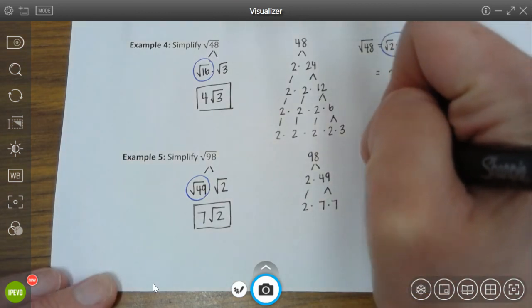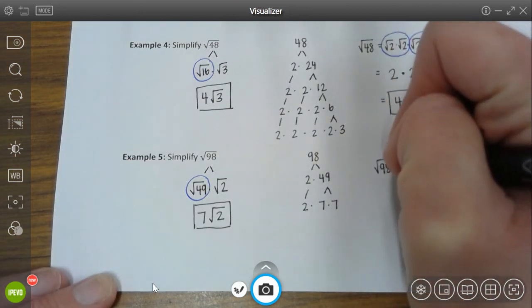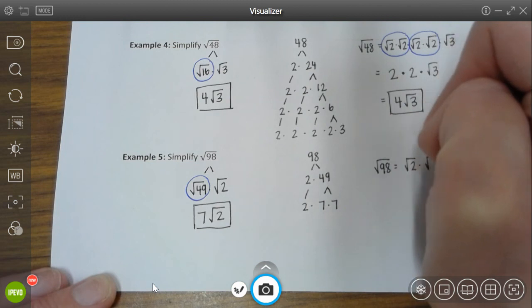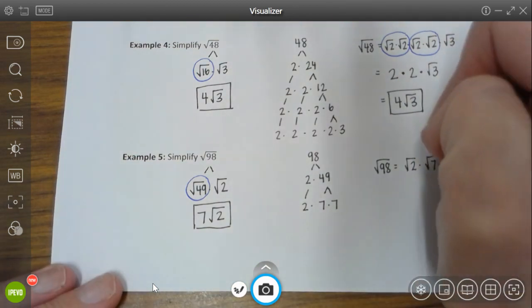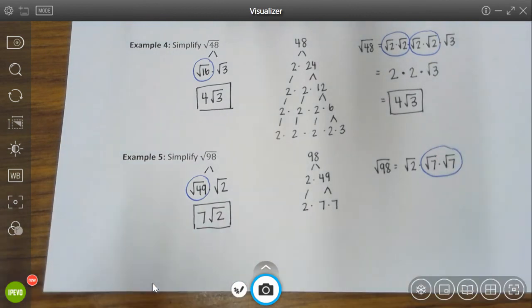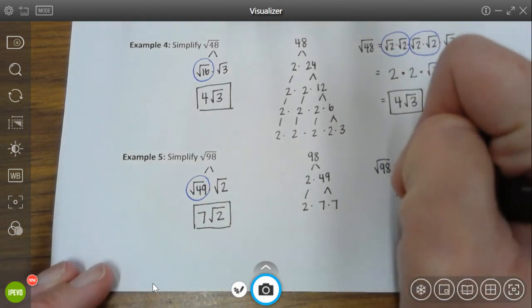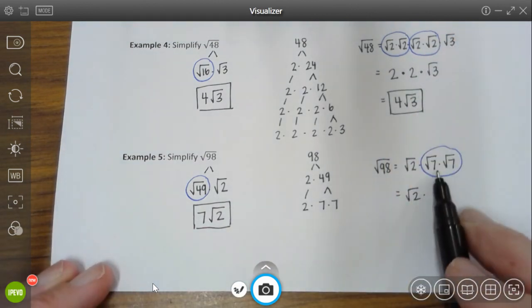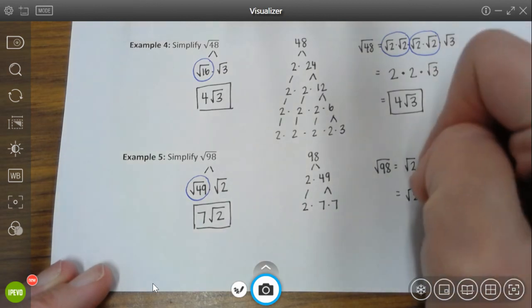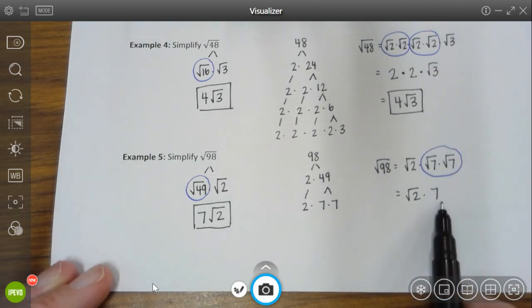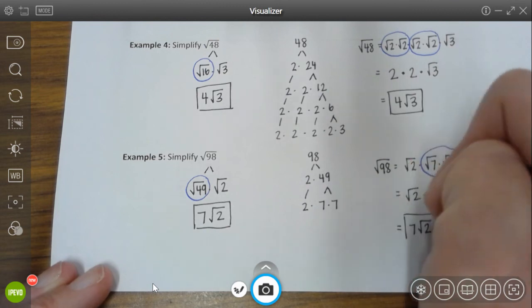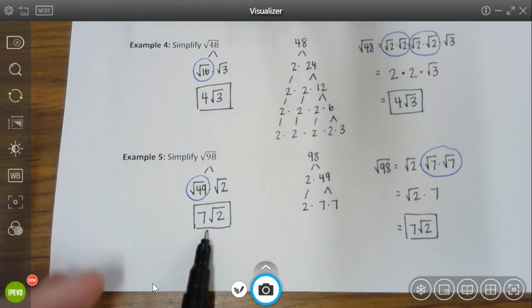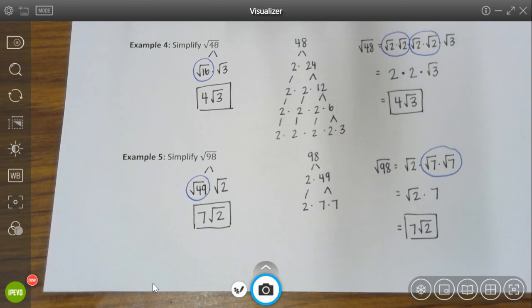So I'm going to write this as the square root of 98 is equal to the square root of 2 times the square root of 7 times the square root of 7. I have a pair of 7's here. So I'm going to pull down the square root of 2, and square root of 7 times the square root of 7 is just 7. So here I have the square root of 2 times 7, but again, I'm going to write that a little bit nicer and make that into 7 times the square root of 2, which again is exactly the same as what I got over here.